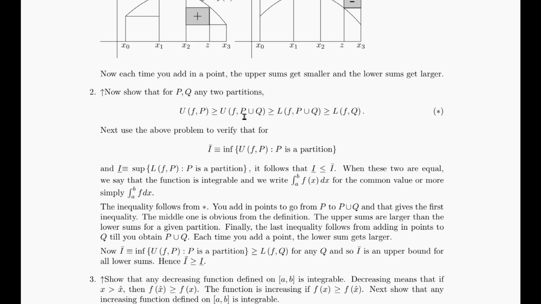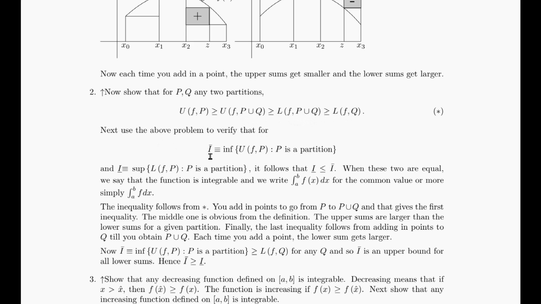So this is true, and now you know that for a given partition the upper sum is obviously bigger than or equal to the lower sum, and now by the same reasoning the lower sum here is bigger than the lower sum here, because the lower sums get bigger as I put more points in the partition. Alright, so what does that say?